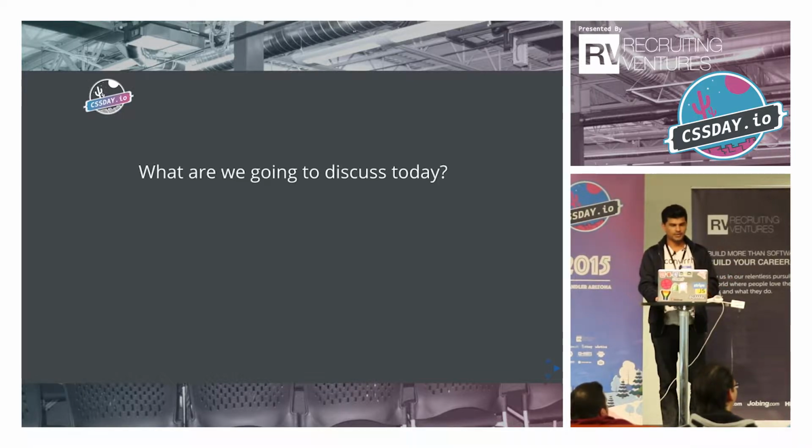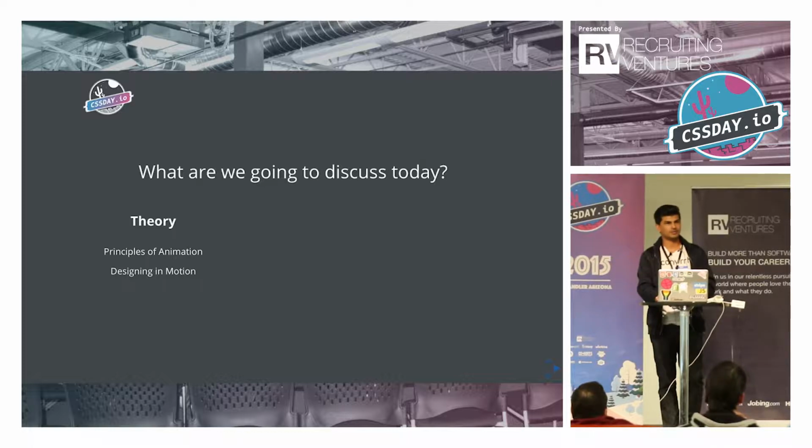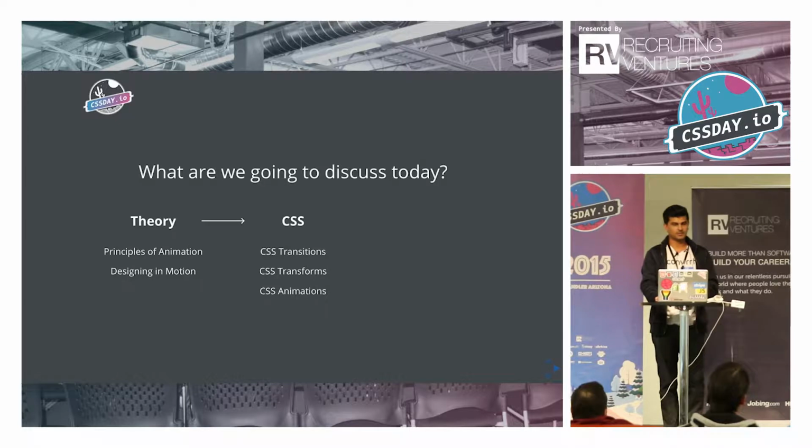What we are going to discuss today is more theory, what the principles of animation are. We'll go into detail about designing in motion, so when to use animation and when not to use animation. Sometimes it becomes very frustrating when things are animating in front of you and you don't want it. Then from there we'll move into some CSS.